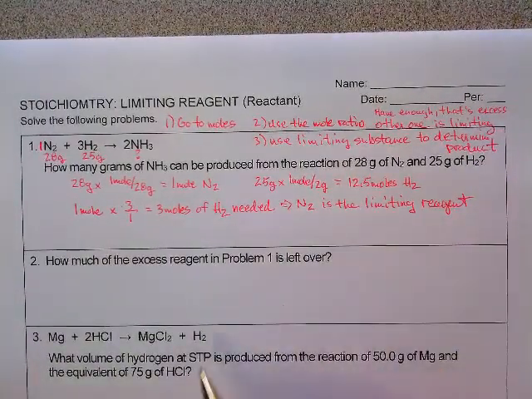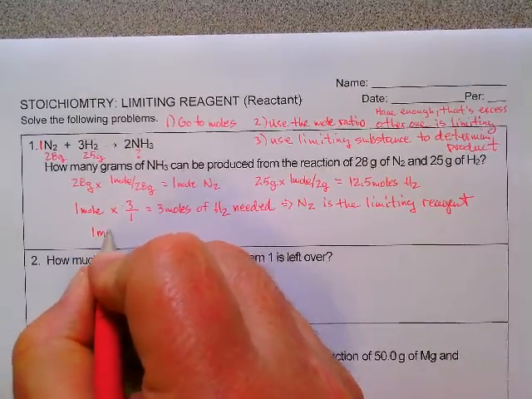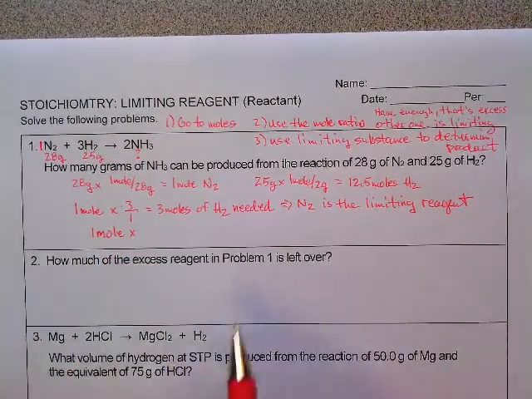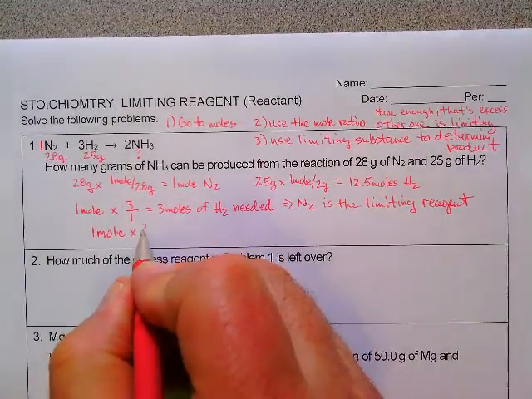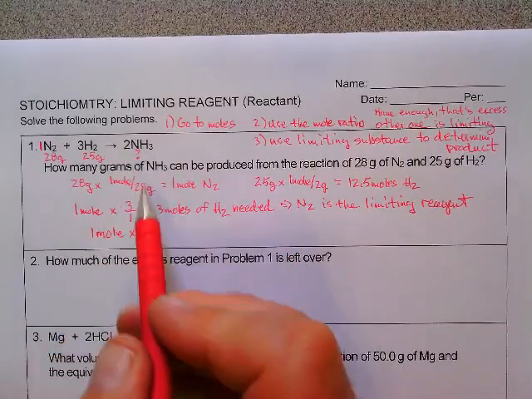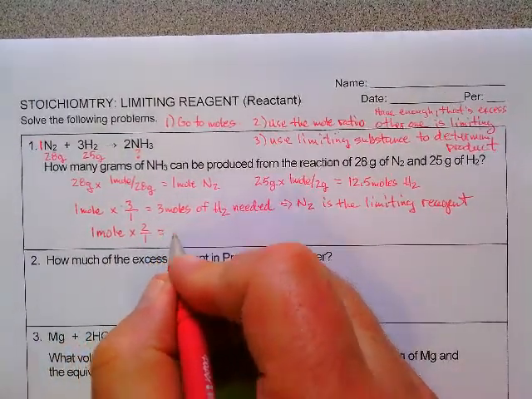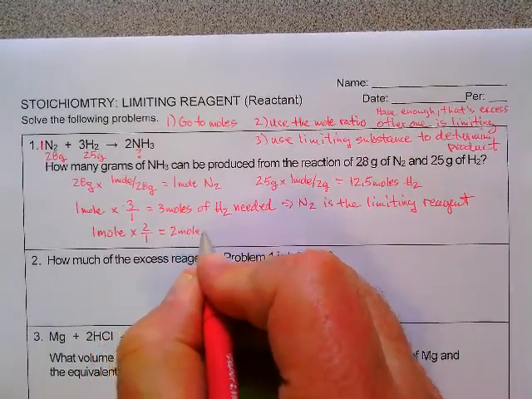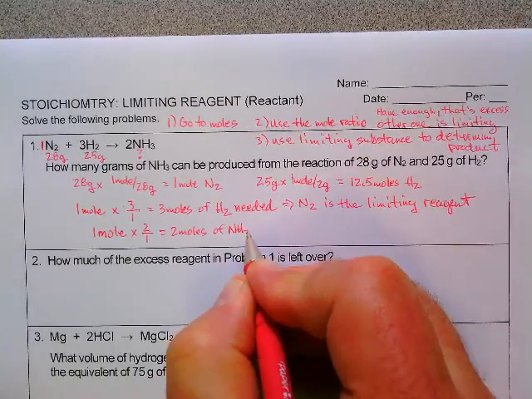So nitrogen is limiting. I have 1 mole of that, so 1 mole times, now my mole ratio with the ammonia is 2/1. That's the question mark. That's what I want to find out. So that's going to give me 2 moles of NH3.